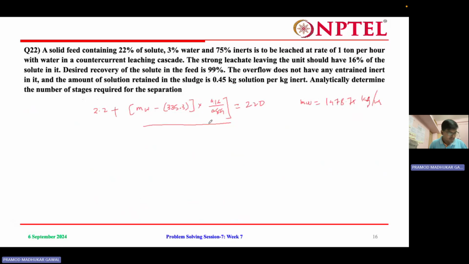So now water leaving in the overflow. In the overflow, MW minus 335.3, this one's 0.3, right?